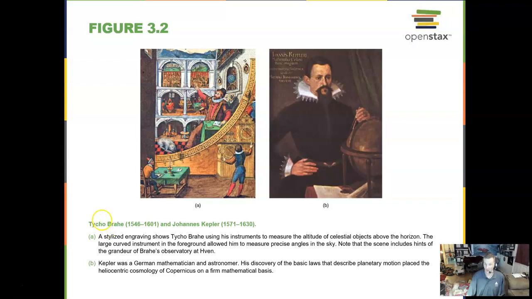We're going to talk about a couple of dead old astronomers, and the first one is Tycho Brahe, or otherwise just Tycho, and Johannes Kepler. Tycho was a very good mathematician and observationalist.